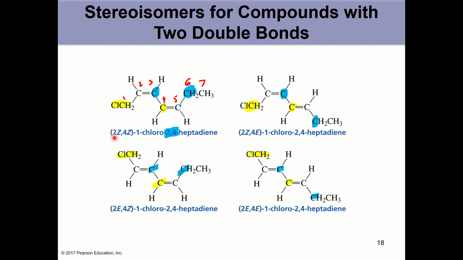So you would have parentheses 2, which is a Z double bond, comma 4, which is a Z double bond, close parentheses. The 2 and the 4 indicate where the double bonds of configuration Z are located.